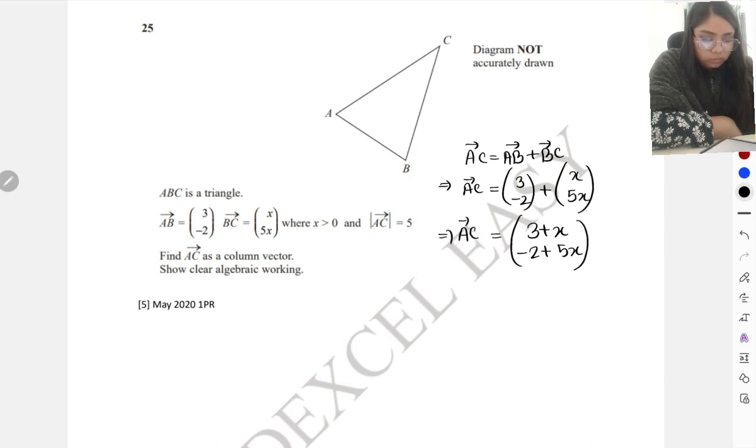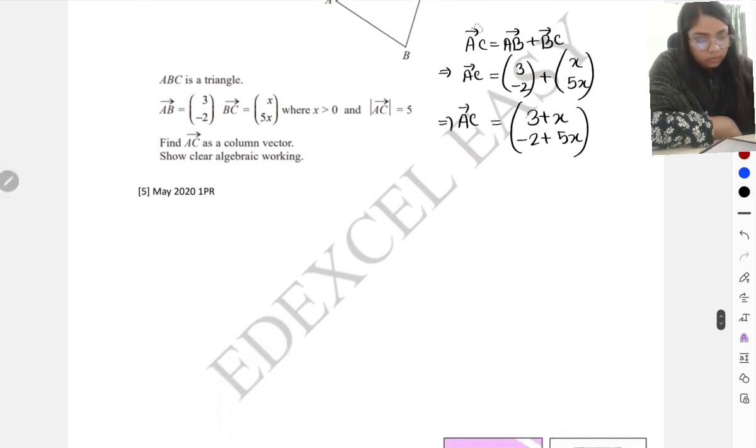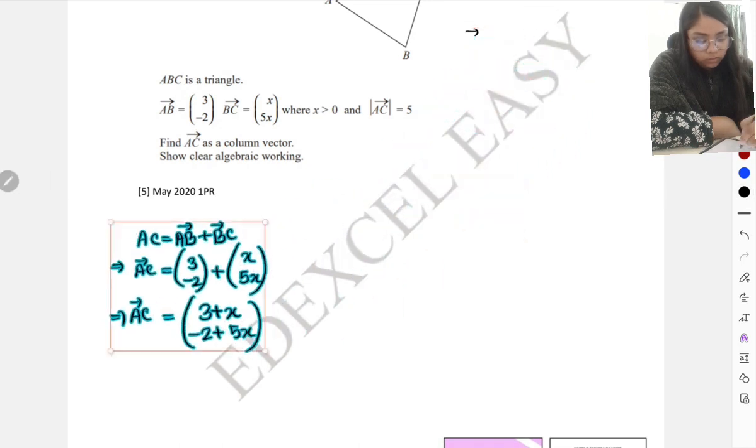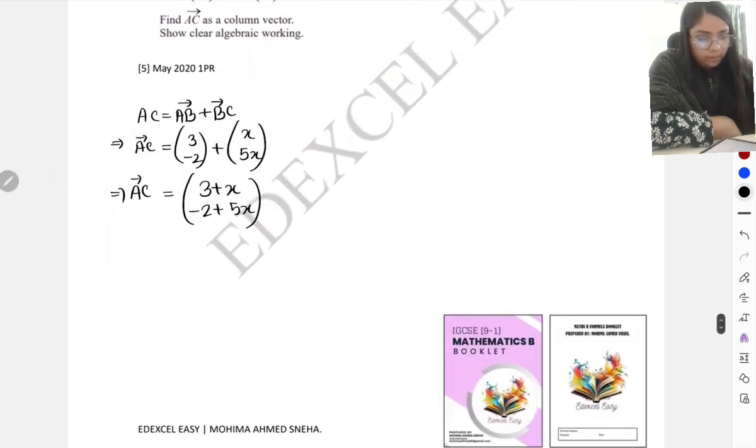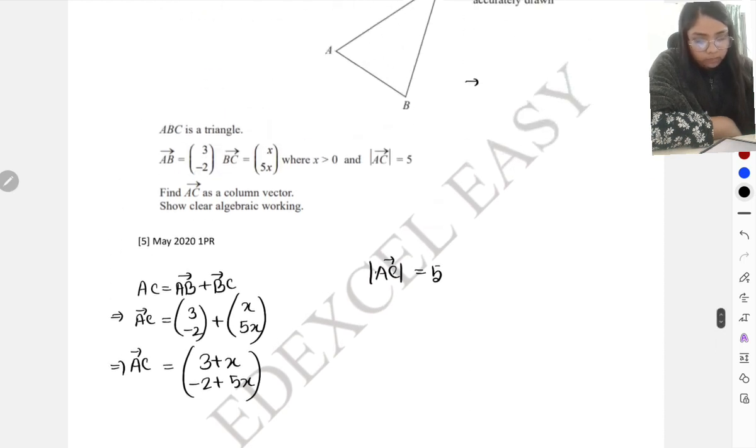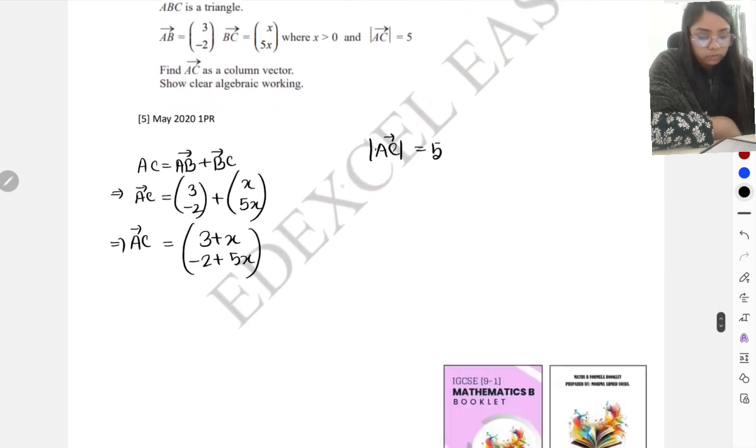Now we can use the modulus of AC also. I'll write it like this. Now we can write that the modulus of AC was already 5, and we can also calculate the modulus by (3 plus x) whole squared plus (minus 2 plus 5x) whole squared equals 5, and everything under a root.